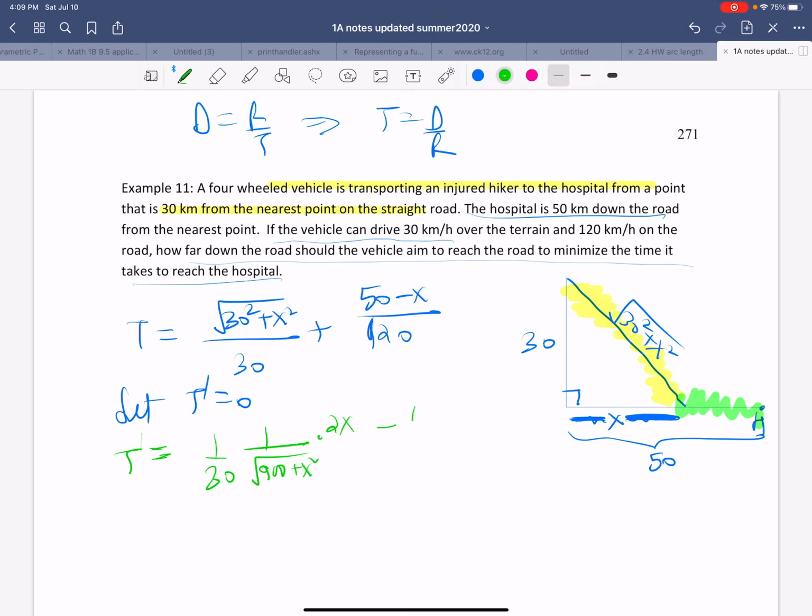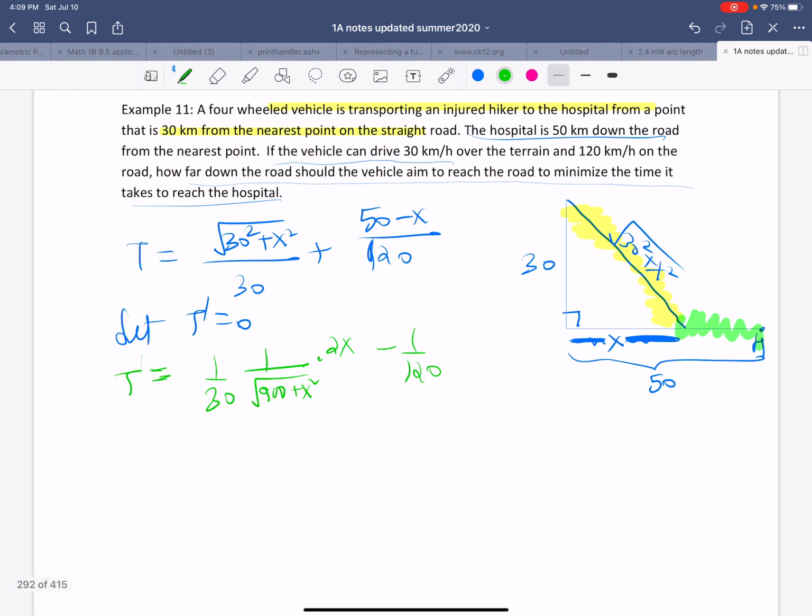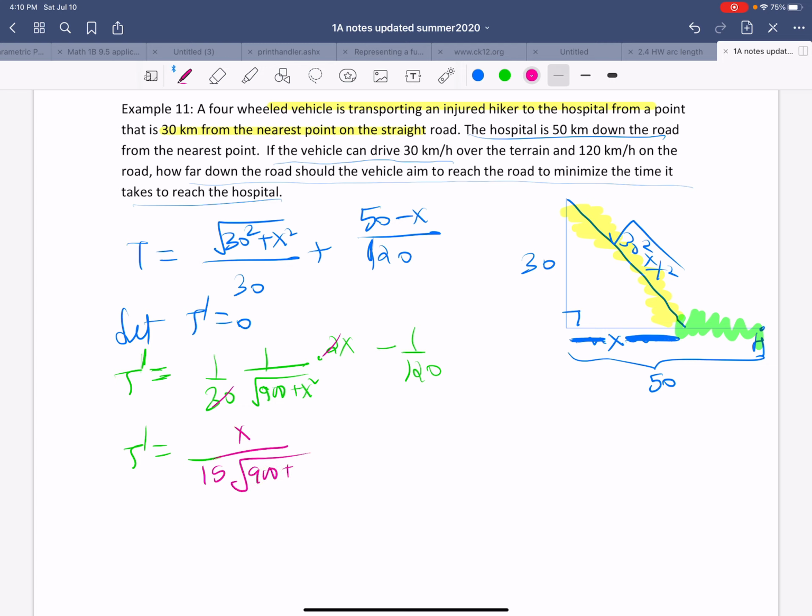That's what I would have, because once I do the derivative, the x will be gone. So that's my derivative here.